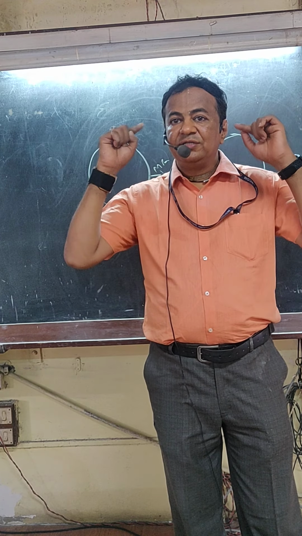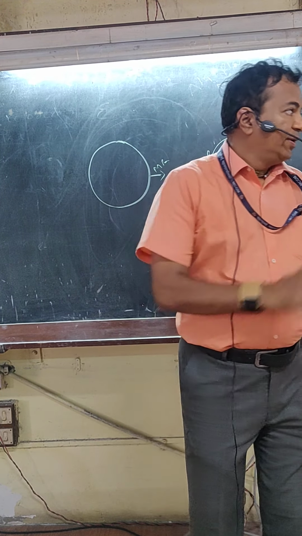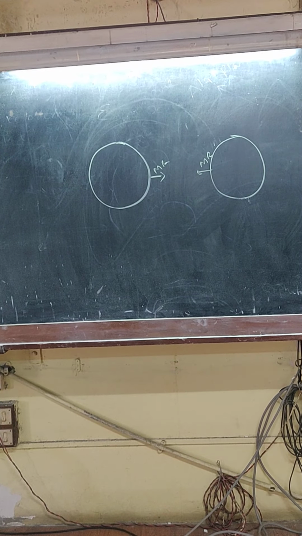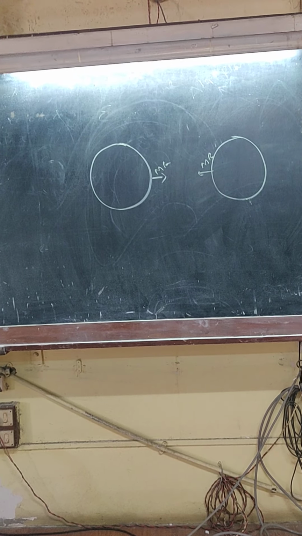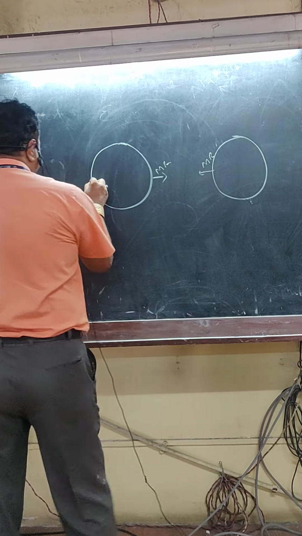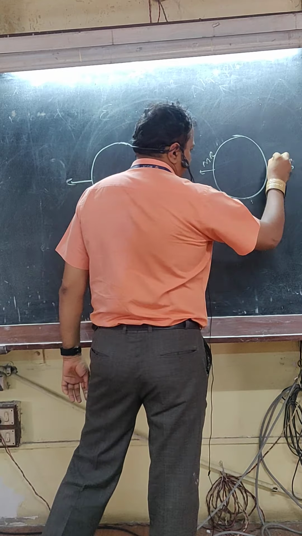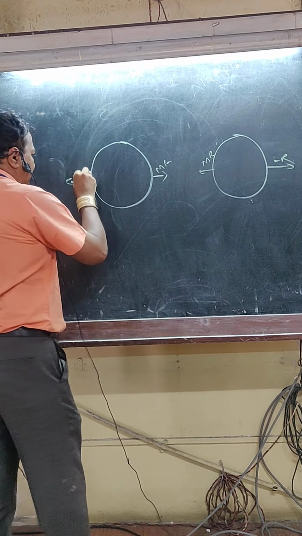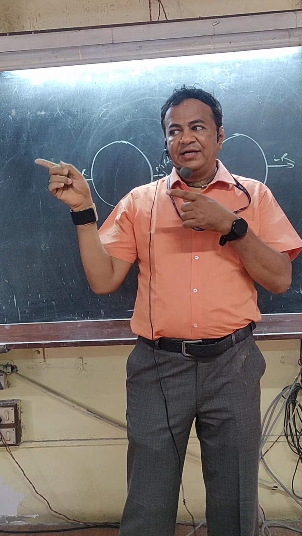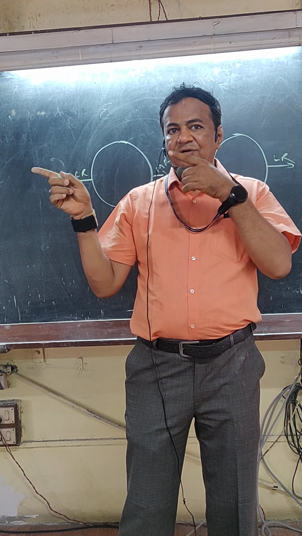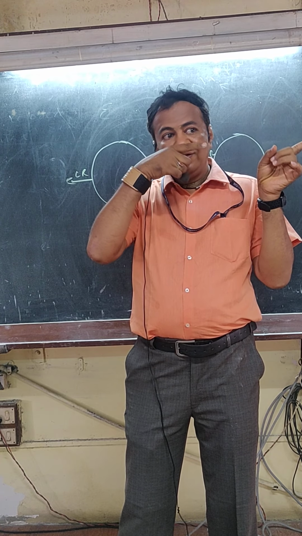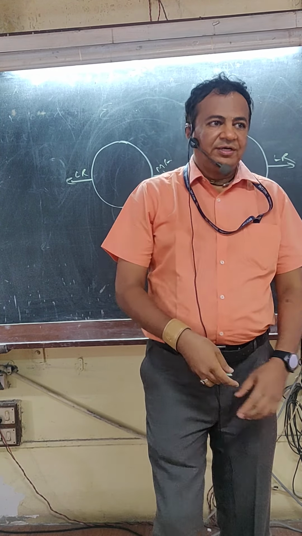So medial rectus turns the eye medially, while the action of the lateral rectus is this. When I look there, this side lateral rectus and this side medial rectus are contracting. When I look here, this side lateral rectus and this eye medial rectus are contracting.